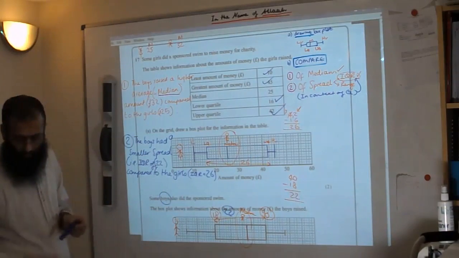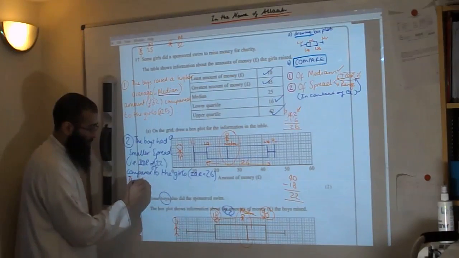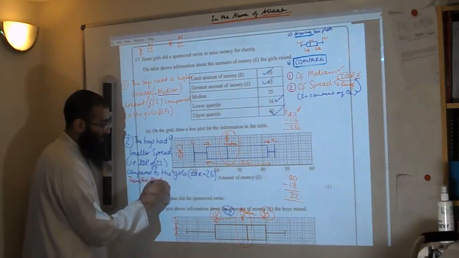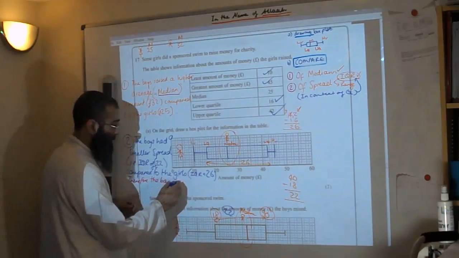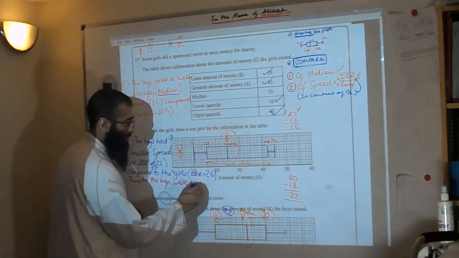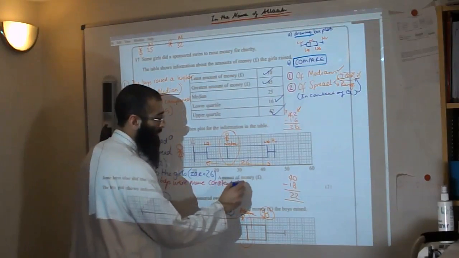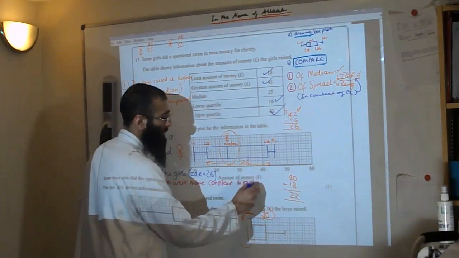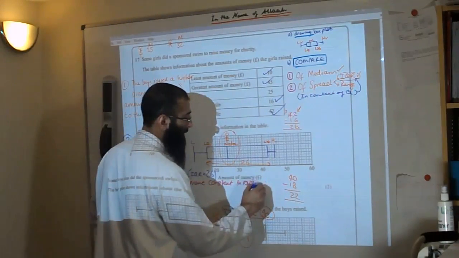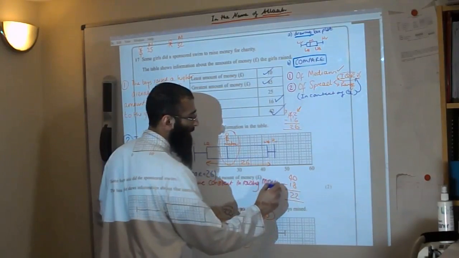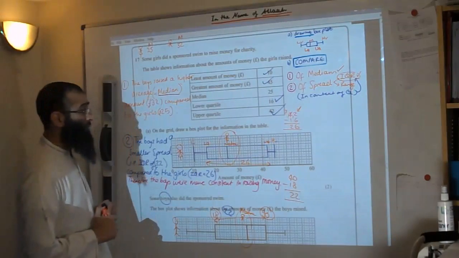What does that mean for us? Therefore the boys were more consistent in raising the money. So they were more consistent in raising the money for the charity.